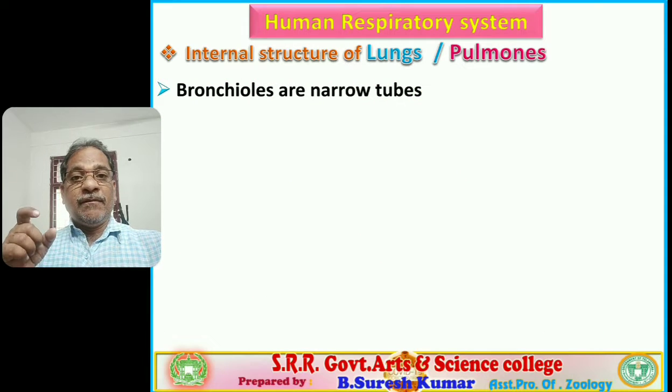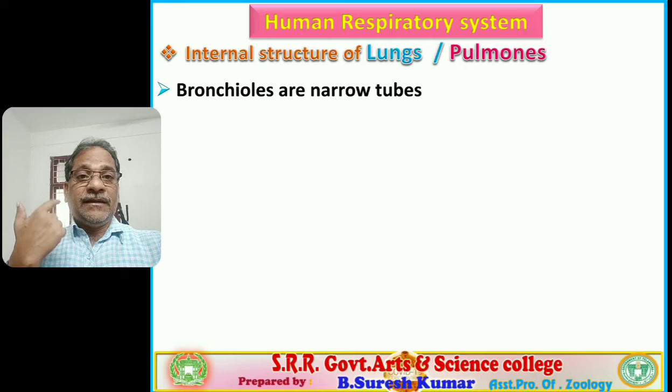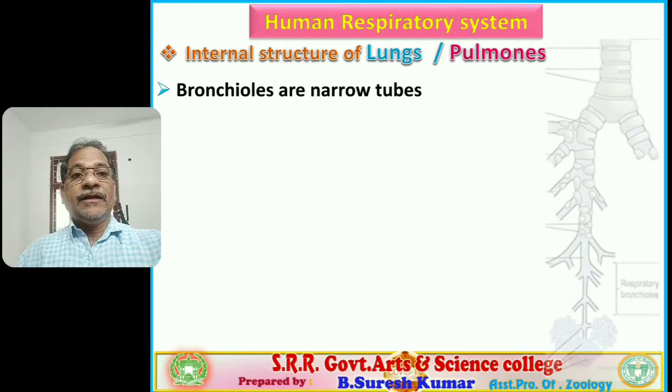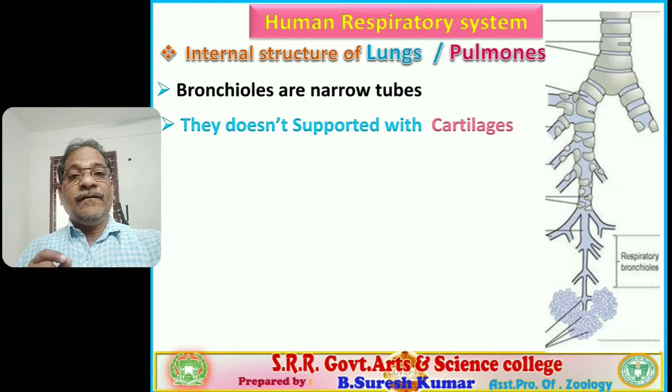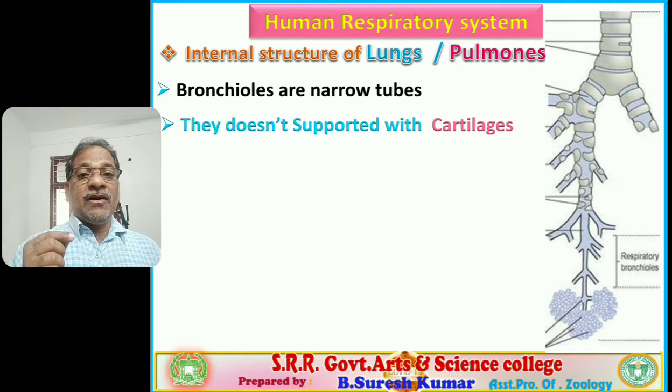So now the bronchi give rise to bronchioles. The bronchioles are very narrow tubes. Trachea, then bronchi, then narrow tubes, so gradually the lumen decreases. Follow? Bronchioles are narrow tubes. If we observe bronchioles, the initial bronchioles are called primary bronchioles. They again divide as secondary, tertiary bronchioles, like that.